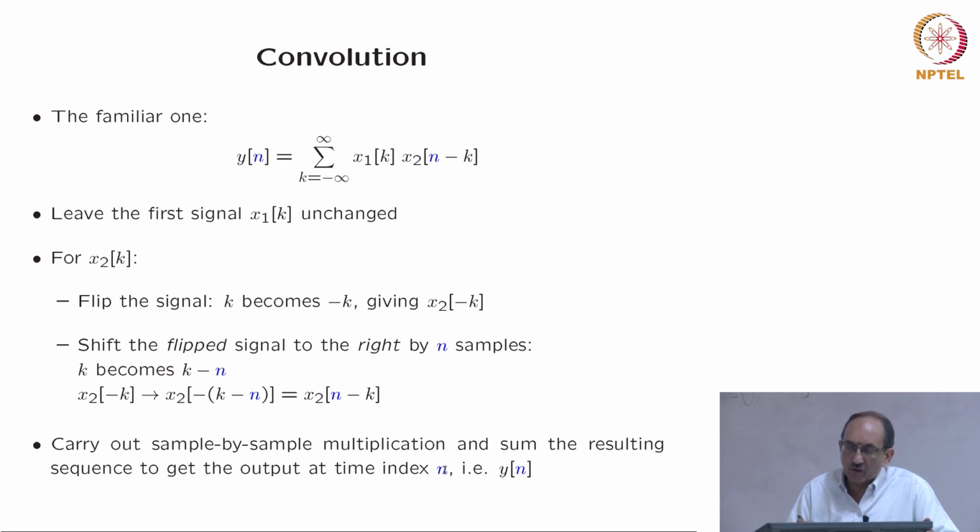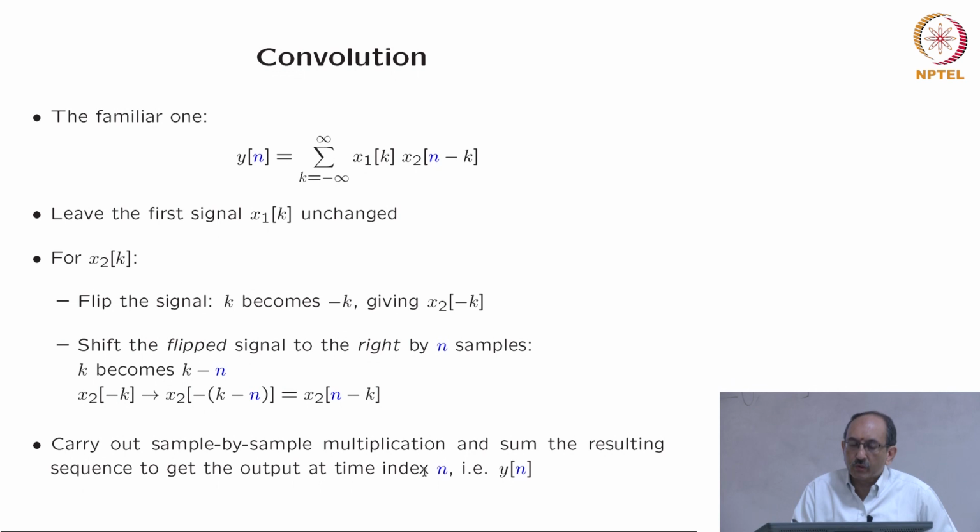That number will be a function of the shift, which is n, and hence you call the resulting number y of n, and then you evaluate this for all possible shifts, namely for all possible values of n. So this is our linear convolution.